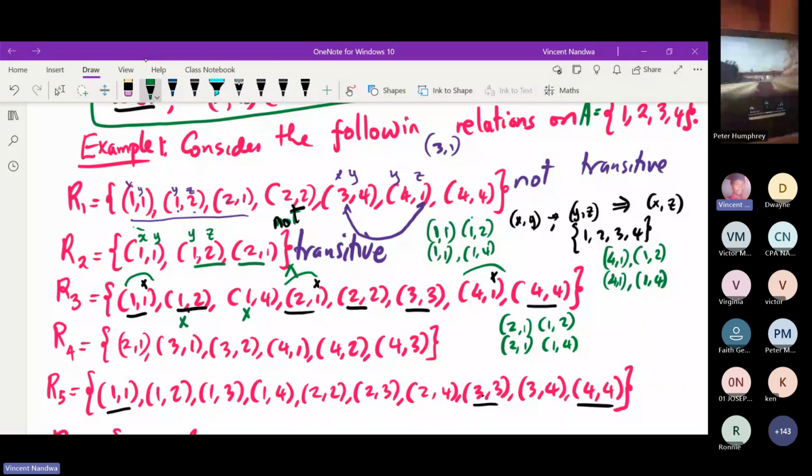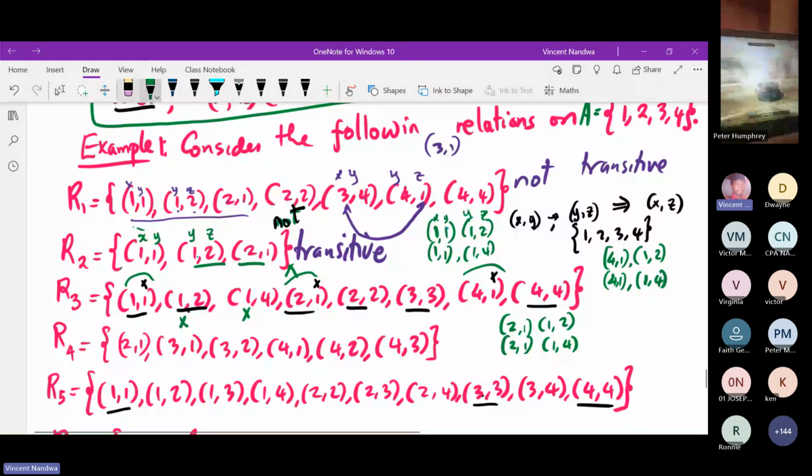So I can always relate 1, 1 to 1, 2, and 1, 1 to 1, 4, so that this forms my X, my Y, my Z. And similarly, I can have 2, 1 related to 1, 2, or 2, 1 related to 1, 4, and then 4, 1 related to 1, 2, and 4, 1 related to 1, 4.